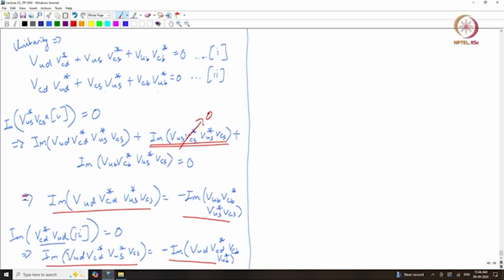So, I am not going to do all 6, you can go convince yourself that this is indeed true for all the 6 combinations that you can write down and hence all the 6 unitarity triangles. So, this shows that J is invariant. Or rather J is an invariant. Good.